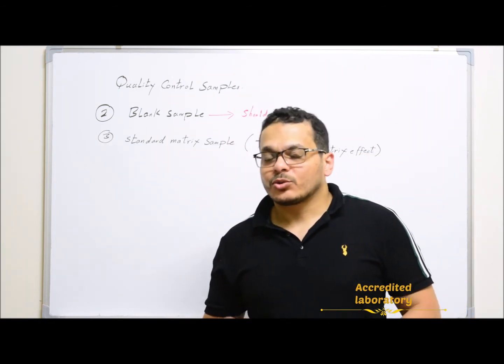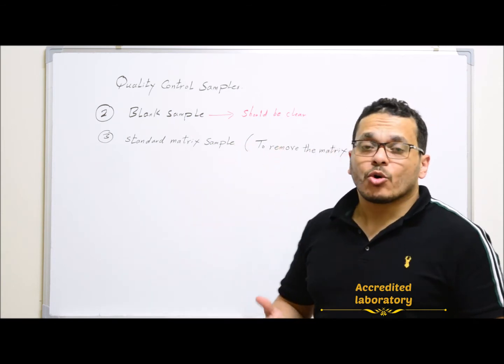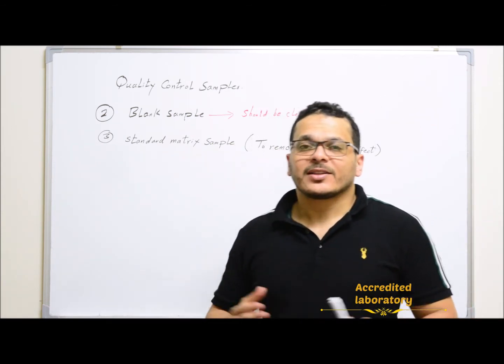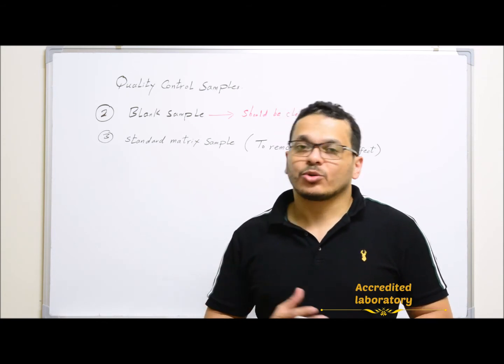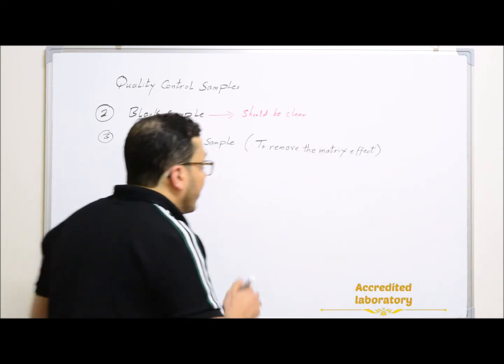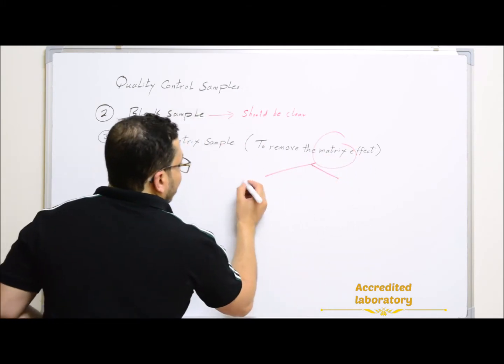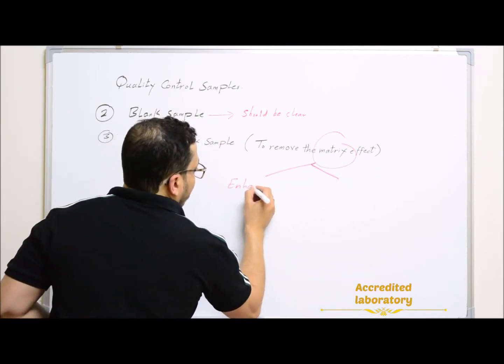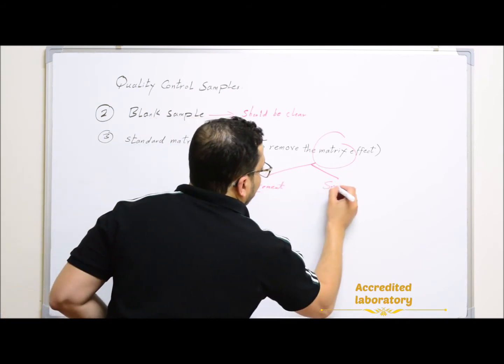Now we will go back to our subject for today's lecture, the standard matrix sample or matrix effect sample. This sample is used to remove the effect of matrix on your target analytes. The effect of matrix can be by enhancement or suppression.